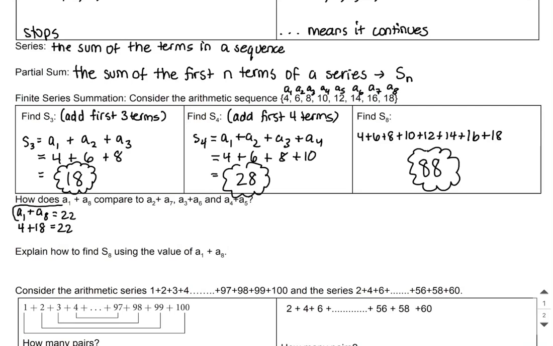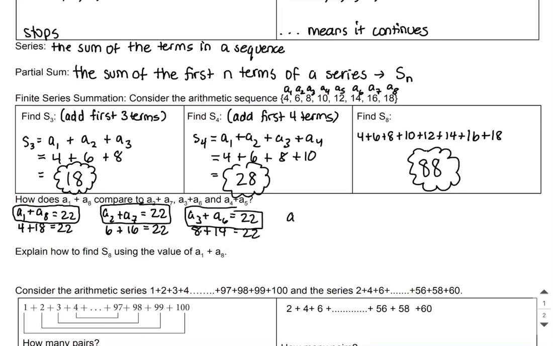And I'm going to just put that in a box. I have a sub 2 plus a sub 7 is 6 plus 16, which gives me 22. And I'm going to put that in a box. I have a sub 3 plus a sub 6 is equal to 8 plus 14, which gives me 22. And I'm going to put that in a box.